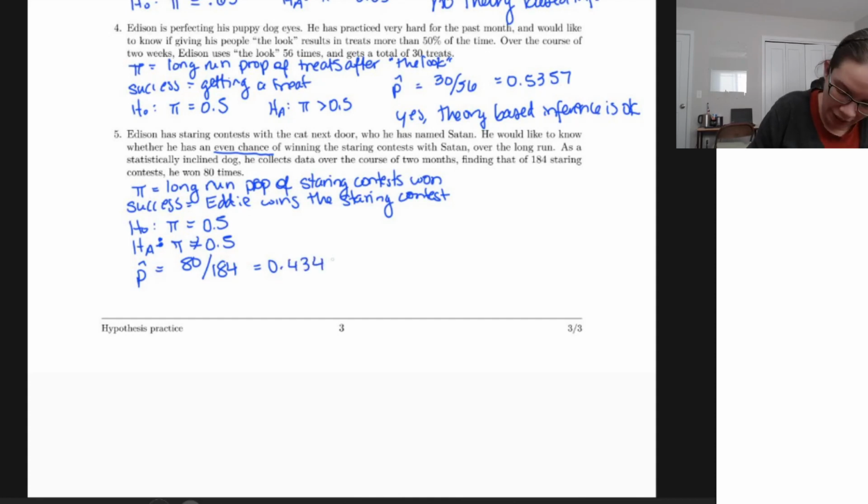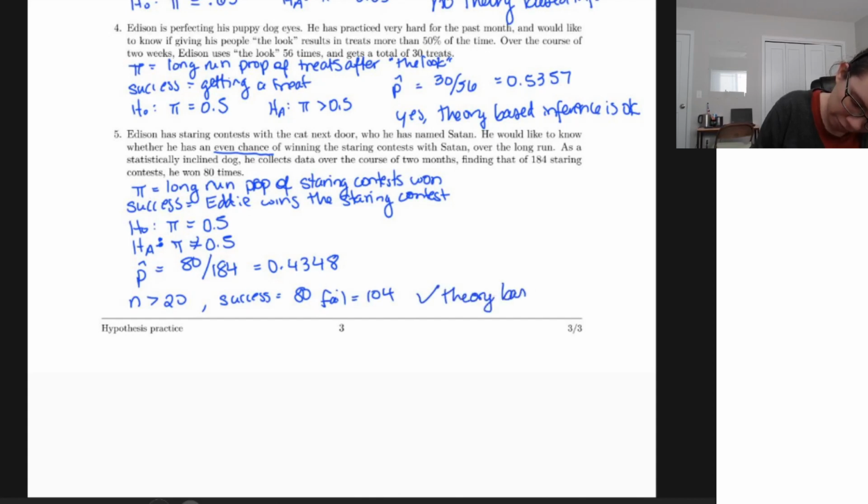All right, and since n is greater than 20 and success equals 80, failure equals 104, theory-based inference is fine.